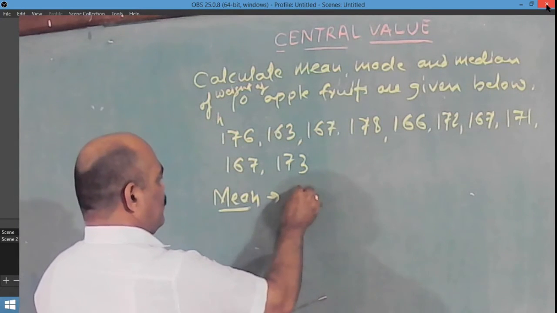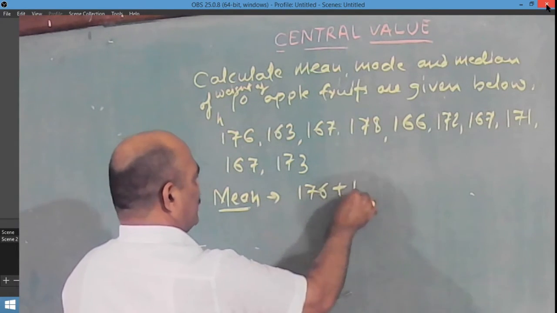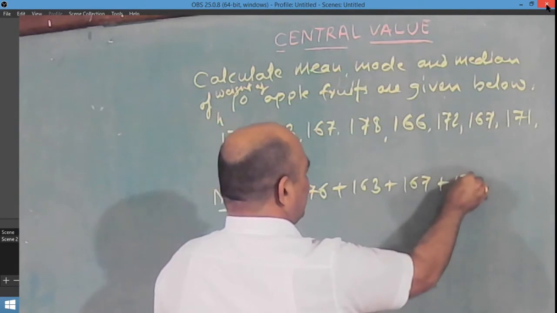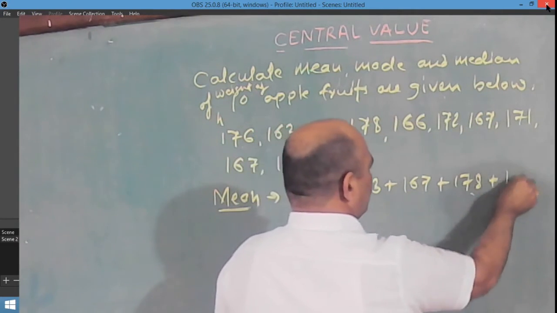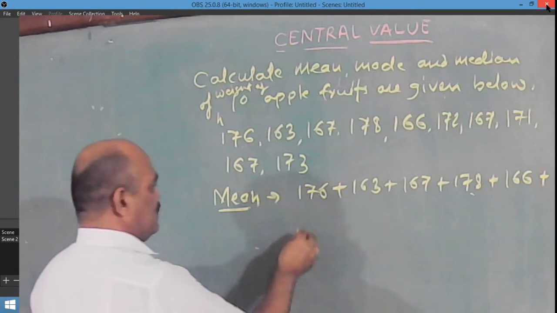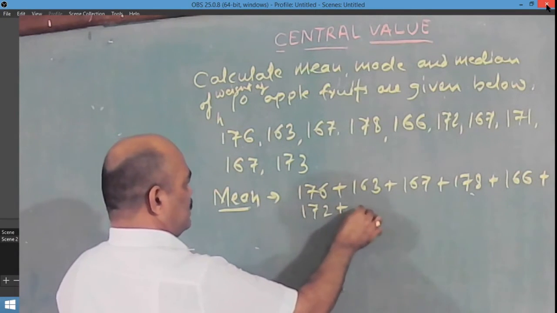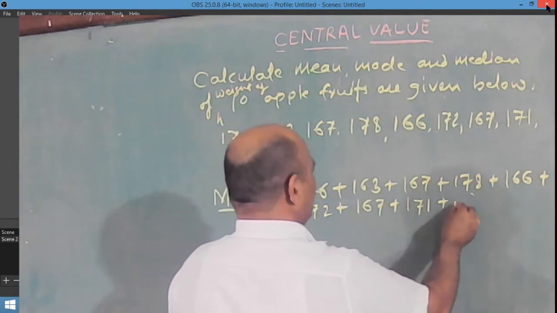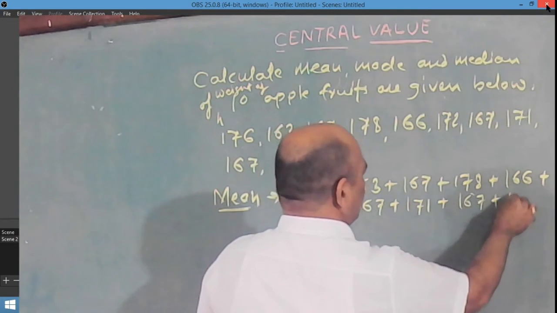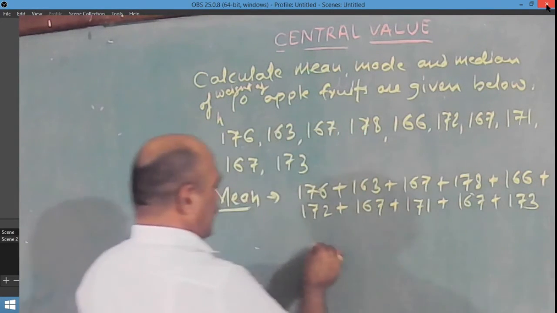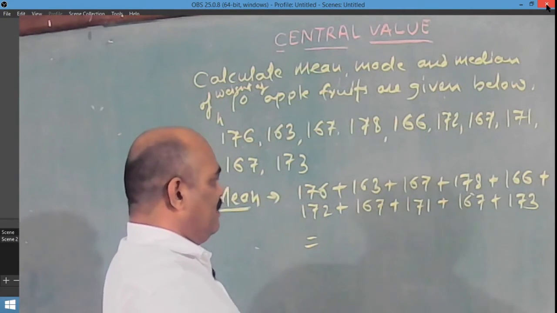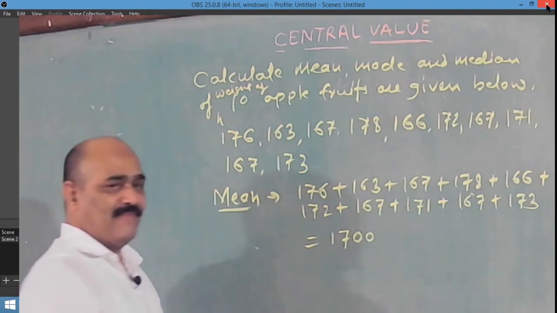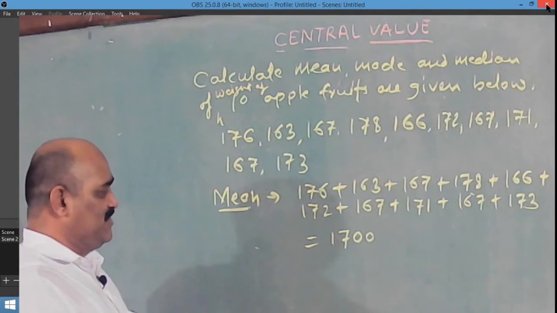That means 176 plus 163 plus 167 plus 178 plus 166 plus 172 plus 167 plus 171 plus 167 plus 173 is equal to 1700. This is the sum of all observations.